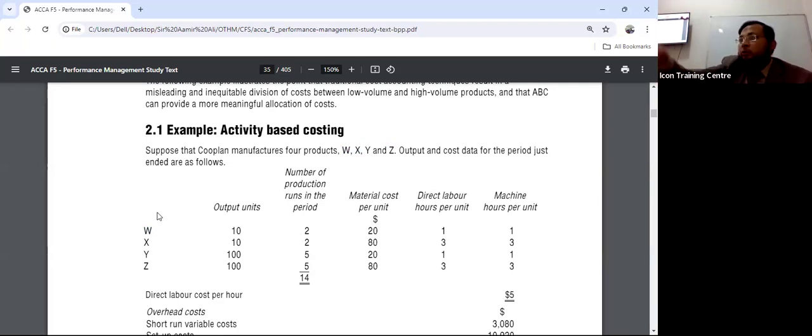Now, you will not look at your notes, you will look at the screen in front of you, right? If we just analyze the output units, then we can say which product will be causing us more cost. What do you think?